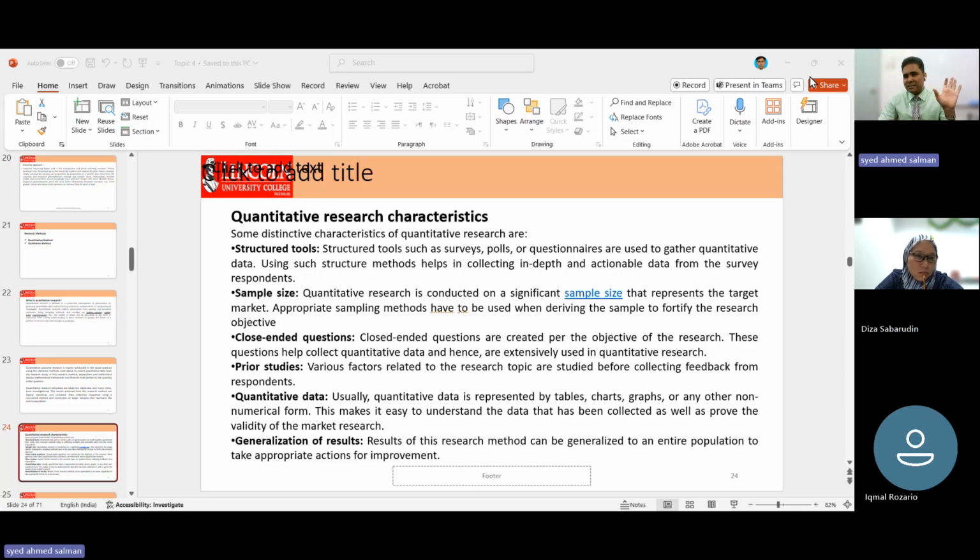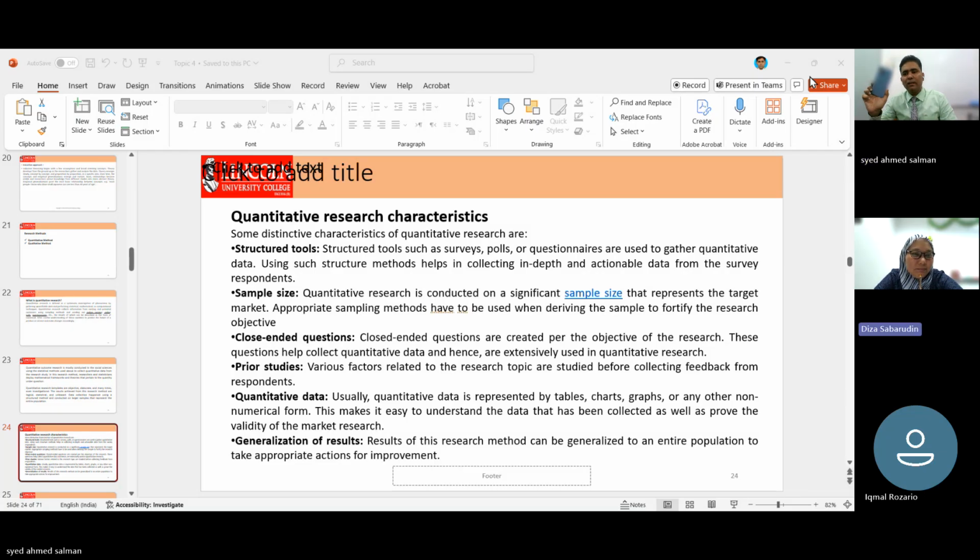I should be giving you options: agreed or not agreed, or there is a Likert scale, a 5-point Likert, 7-point Likert, or 10-point Likert. So close-ended questions should be there. For example, I like mobile phones: strongly agree, strongly disagree.